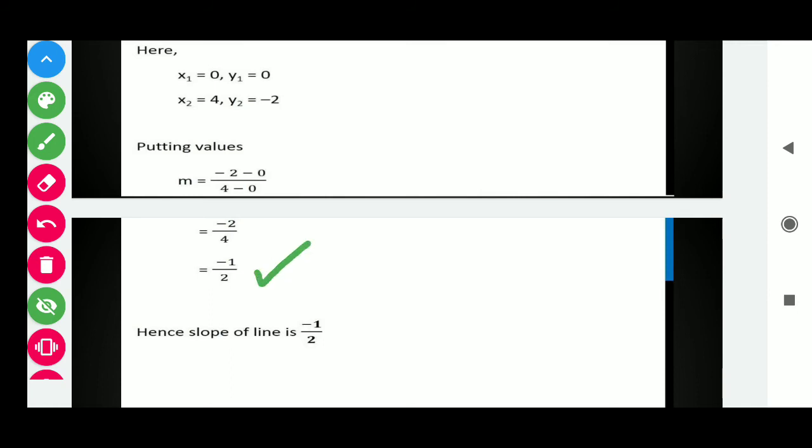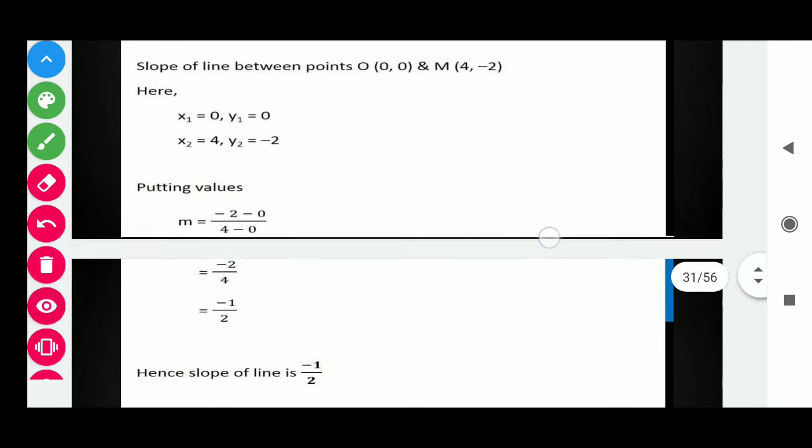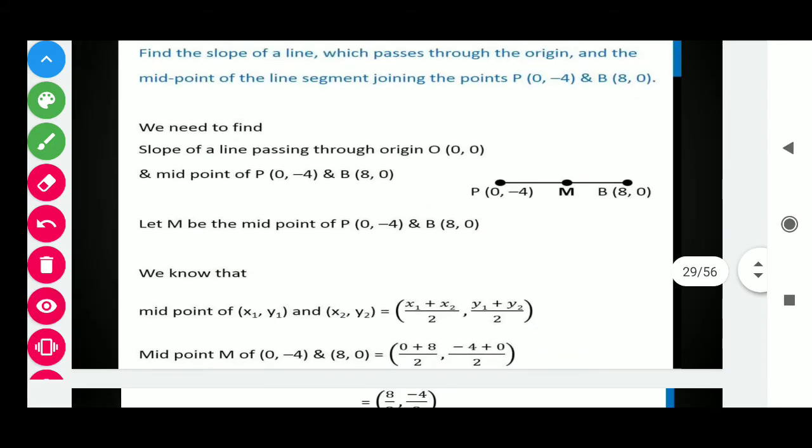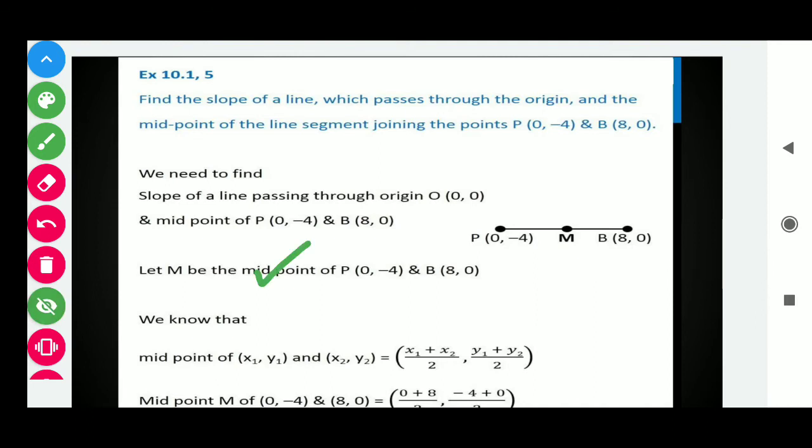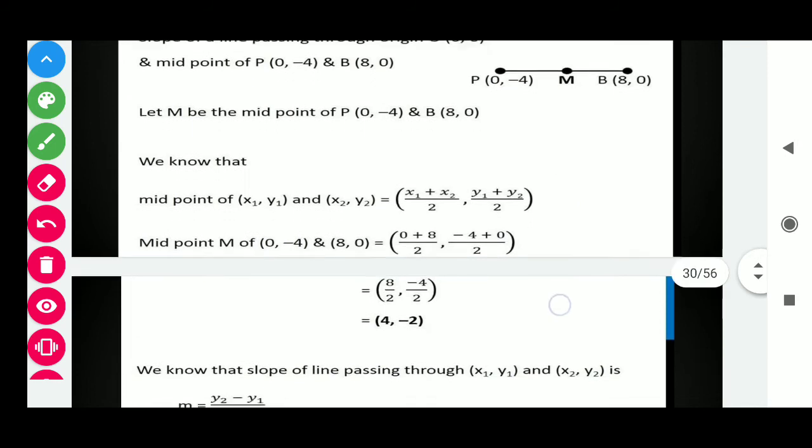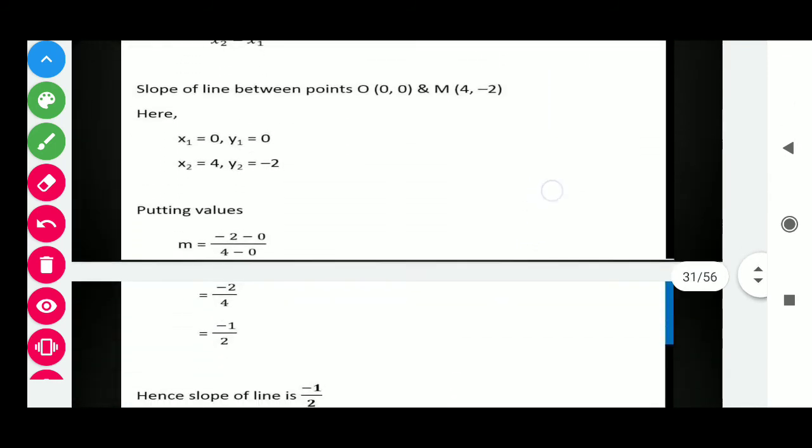So, hence the slope of the line is minus 1 over 2. Students, in this way, we have completed this question. In this question, they asked to find the slope, and this line passes through the origin and the second point lies in the middle of these two points. So, by using this formula of slope, we find the slope of this line.